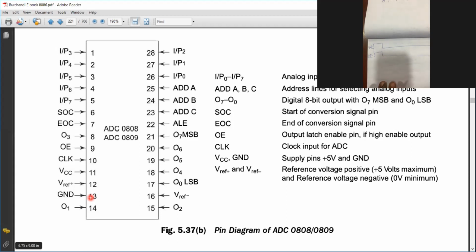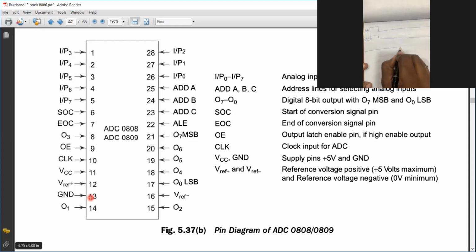Next, conversion takes some time. It's very minimal, below 1 second, but it takes some time. Whenever you get EOC, conversion is done. This signal sometimes will be high, sometimes low, depending upon the ADC.